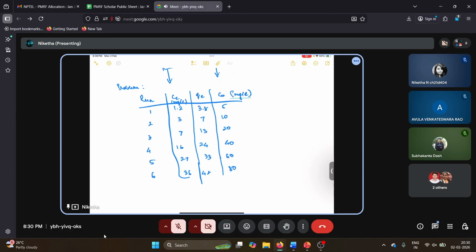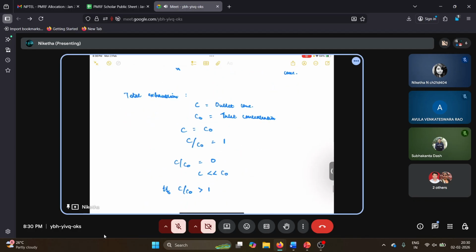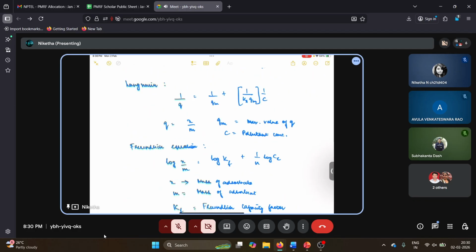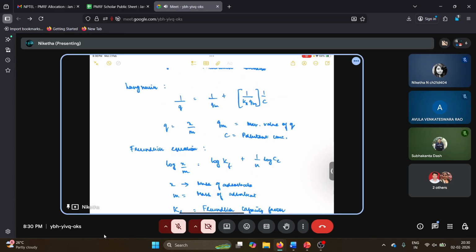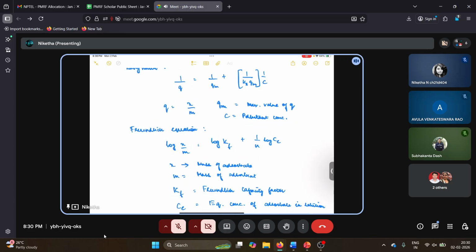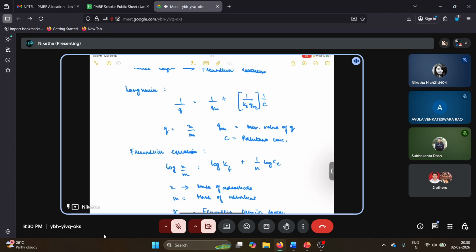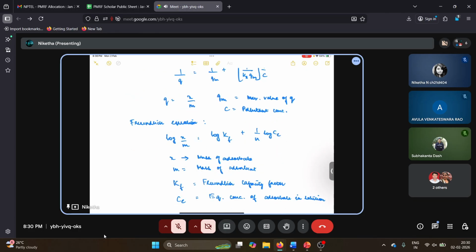And QE is what we saw here. QE is the ratio of the mass of adsorbate on the adsorbent divided by the mass of adsorbent.